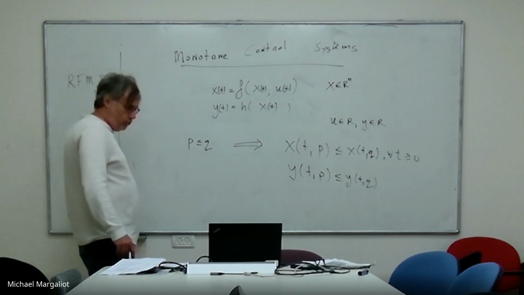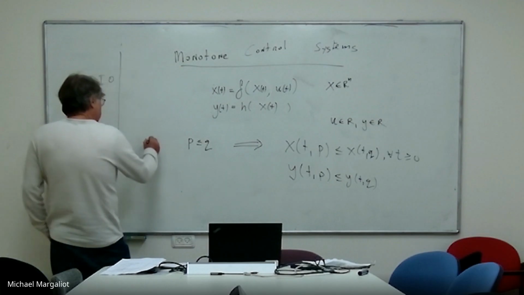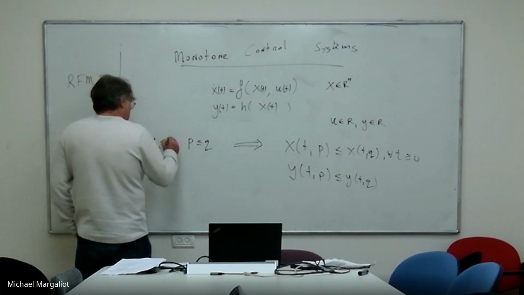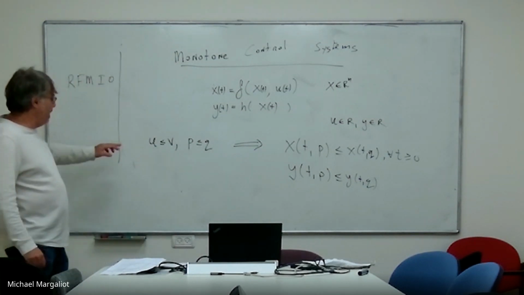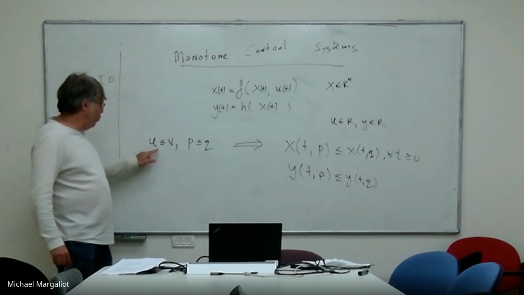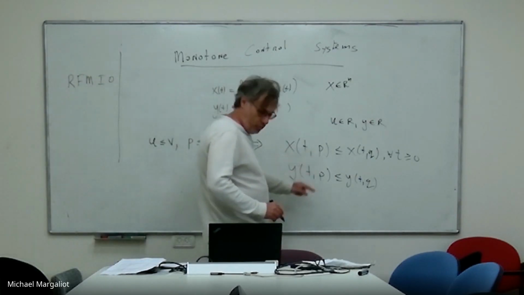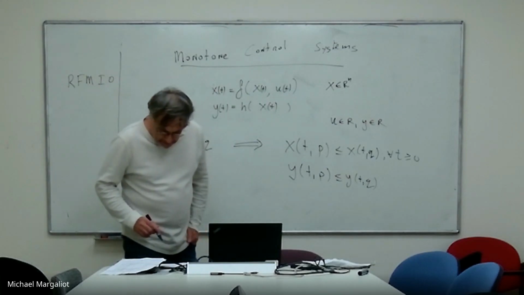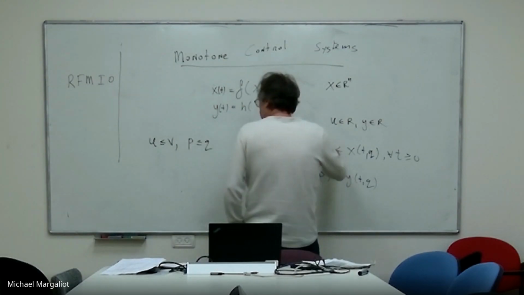So now what we would like to do is add that if we have two controls, the condition is like this. If we have ordered initial conditions and ordered controls, U and V, then the solution corresponding, let me see just the notation, we write the phi later on.